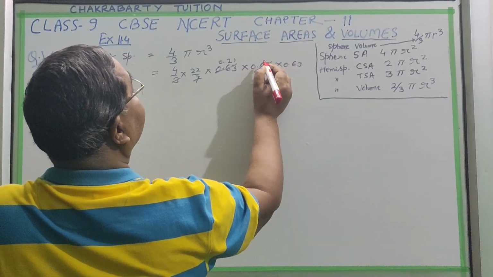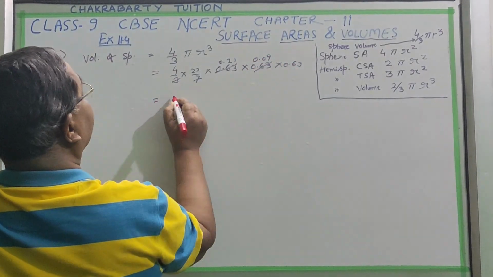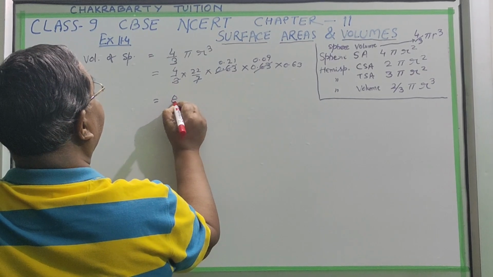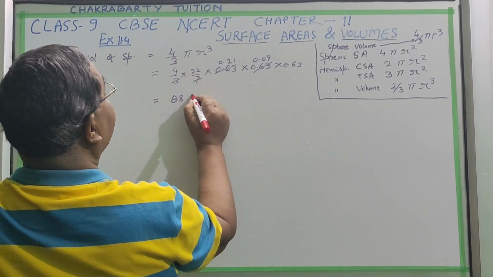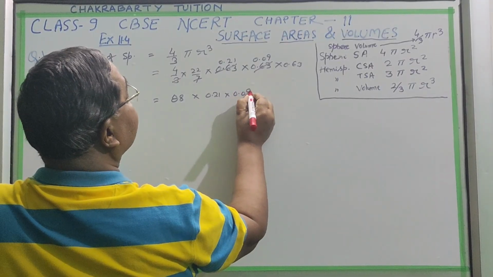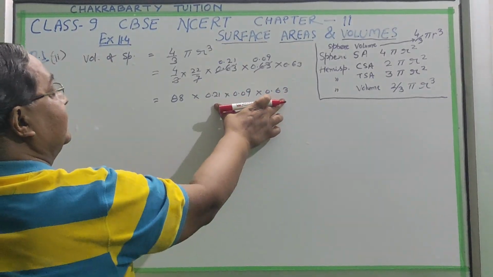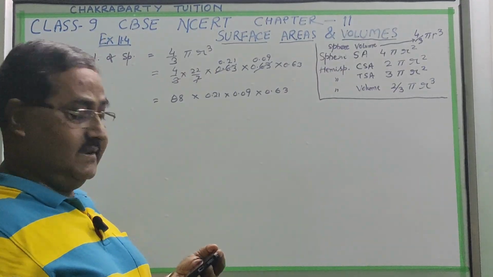By this we can cut the 7 as well. So we get 88 into 0.21 into 0.09 into 0.63. Here a 6 decimal place answer is coming.